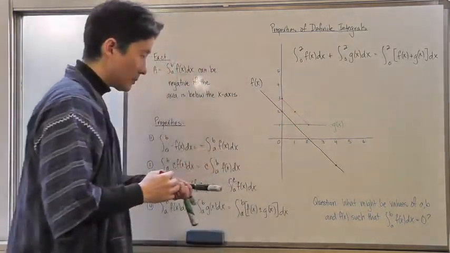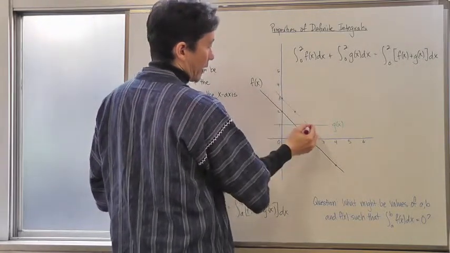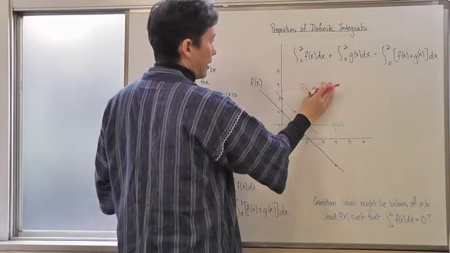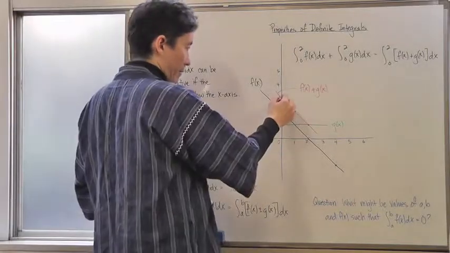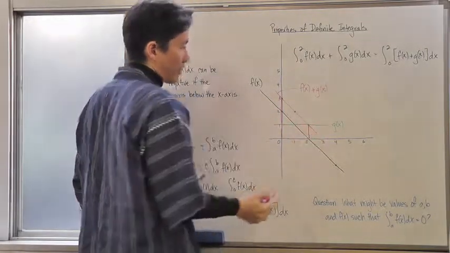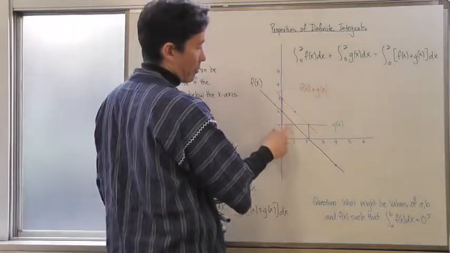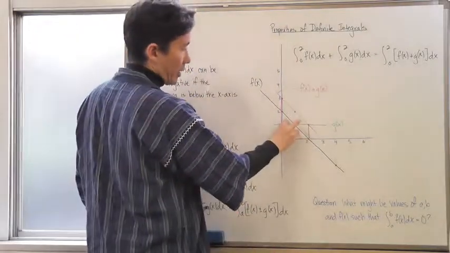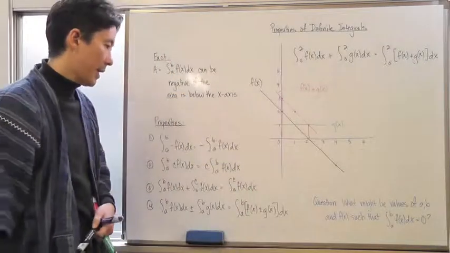And so this function right over here, which is f of x plus g of x, the area that is under here, from here to here, that trapezoidal area is exactly the same thing as the area that is given by this triangle plus that rectangle. And it should be pretty obvious to you, because if I just take this triangle and shift it up one, it becomes that triangle there, and the areas are exactly the same.